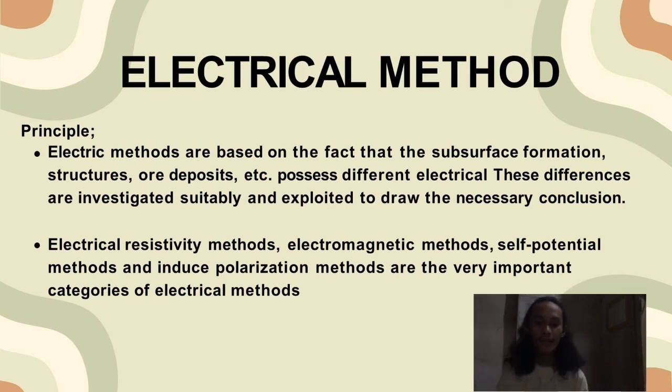Electrical resistivity methods, electromagnetic methods, self-potential methods, and induced polarization methods are the very important categories of electrical methods. This is an example of electrical resistivity sounding. The commonest two ways are the Wenner and the Schlumberger configurations.